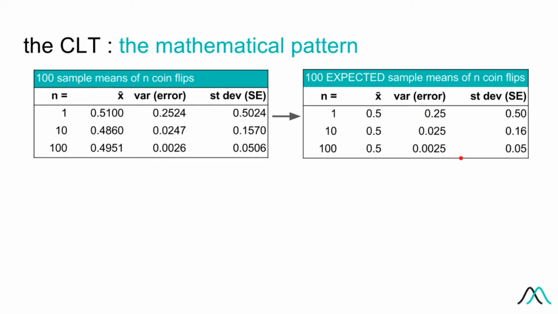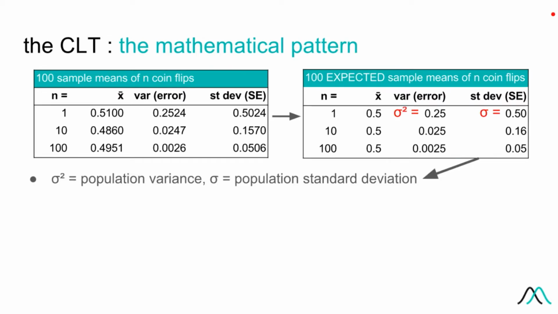Of course, according to the CLT, if we had sampled more than 100 trials each time, our sample numbers would be even closer to the expected numbers. So, rounding these values from their sample numbers to their ideal expected numbers, we can derive several formulas. The expected population variance, denoted by sigma squared, is the variance found between individuals in the population, in this case for single coin flips.